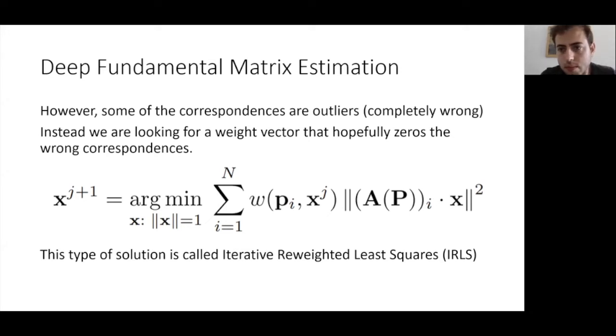Yes, because if X is your fundamental matrix, this term measures the error for a specific point correspondence. For good correspondences, you want to reduce the error. But for a completely wrong correspondence, it's okay if the error is large.